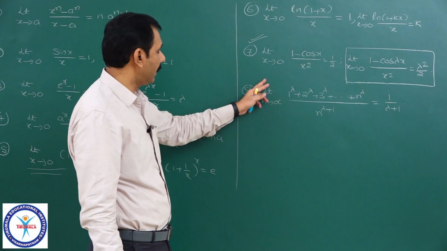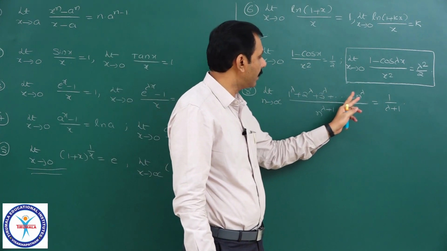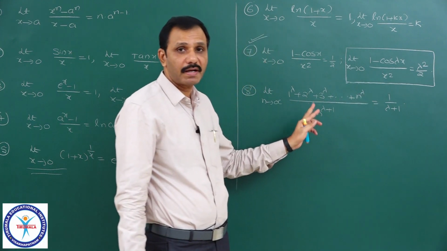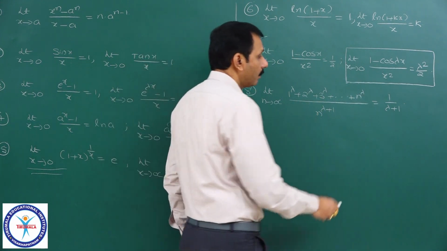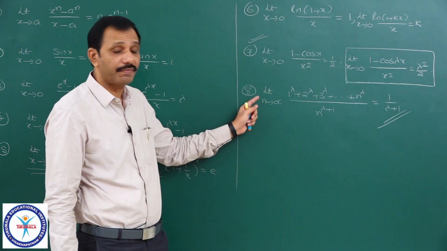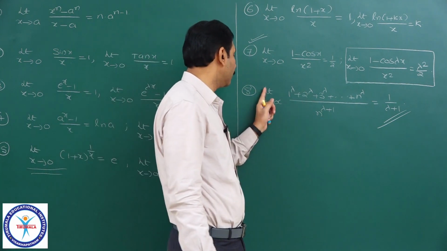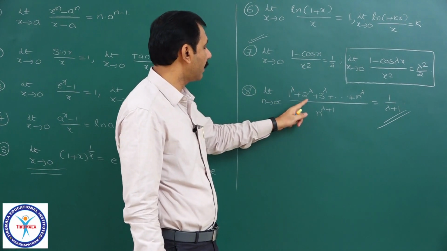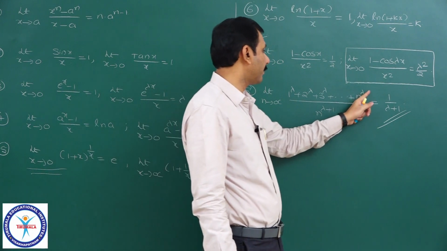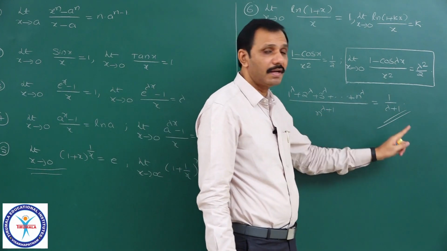And of course this one, limit n tends to infinity, (1 power lambda plus 2 power lambda plus 3 power lambda and so on plus n power lambda) by n power (lambda plus 1) is equal to 1 by (lambda plus 1). Of course by using definite integration also you can do it, but remember it as a formula.